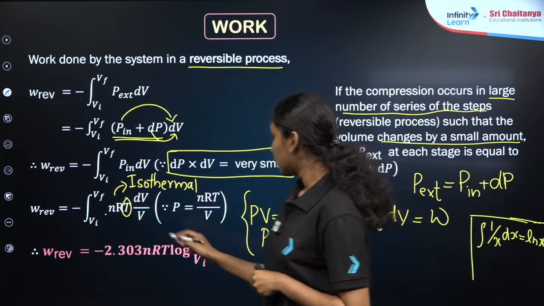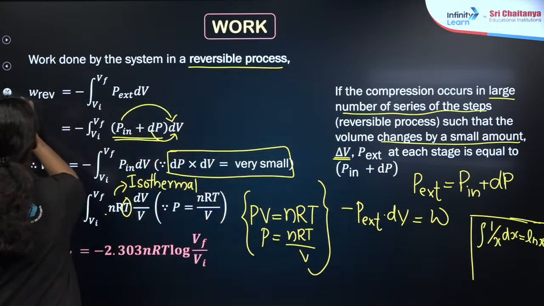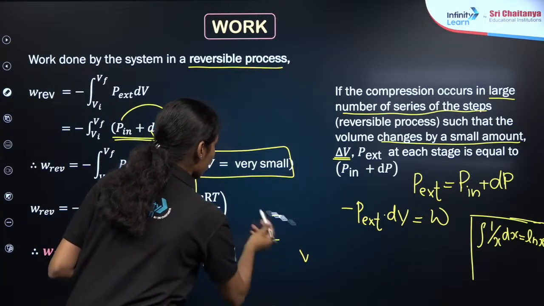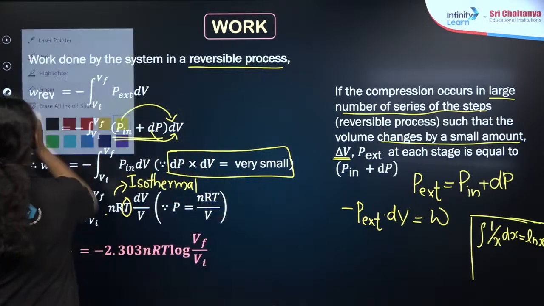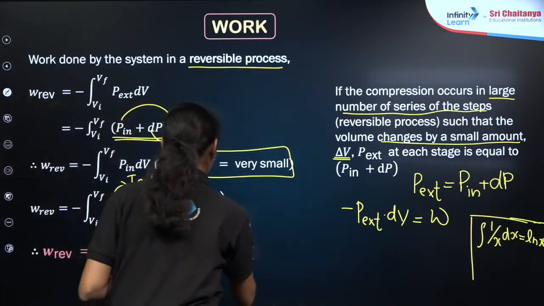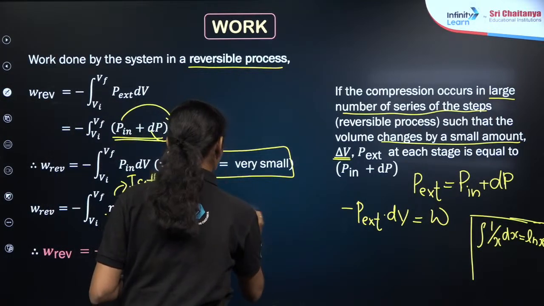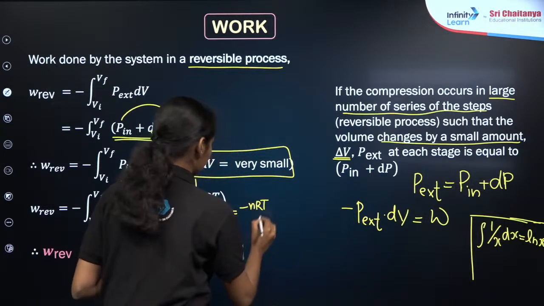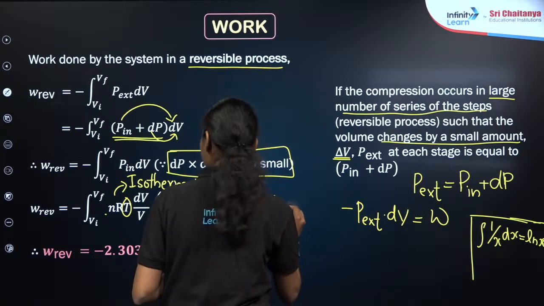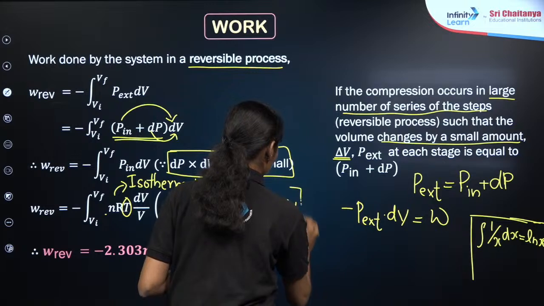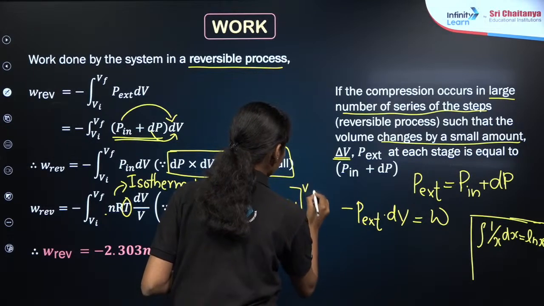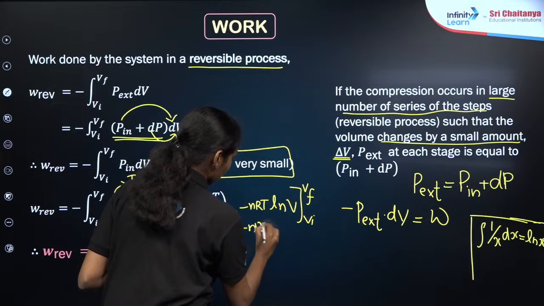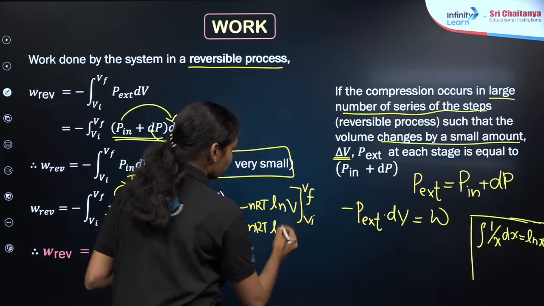When we apply the limits, it will become minus of nRT into ln Vf minus ln Vi.